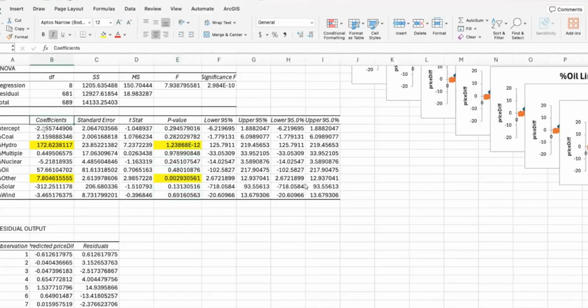So for the coefficients, both variables show a positive impact, which means an increase in the energy output of those field types will increase the price change. And in any case where we have a negative coefficient, that will indicate an increase of energy output with those field types actually will decrease the price change.